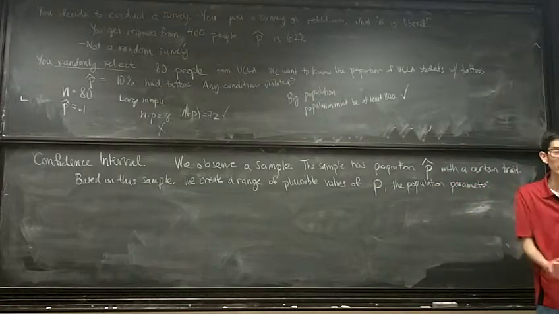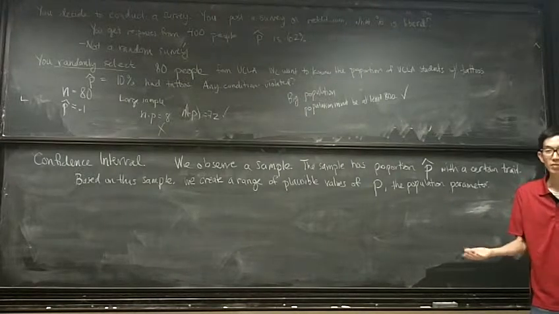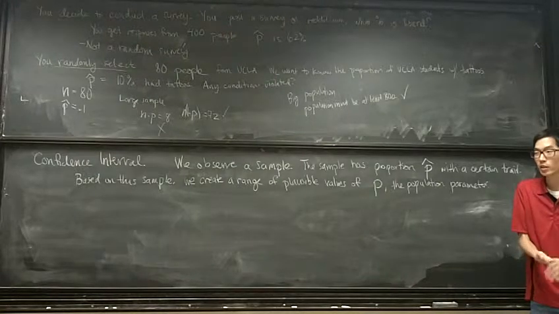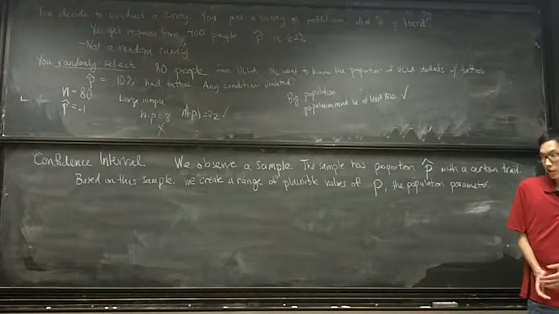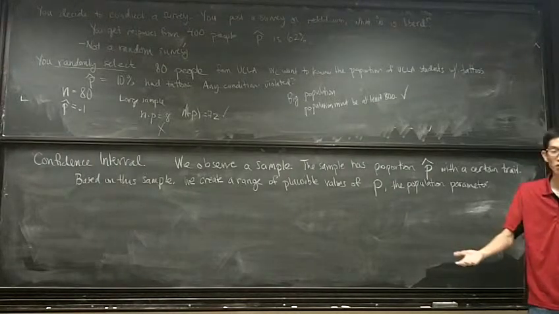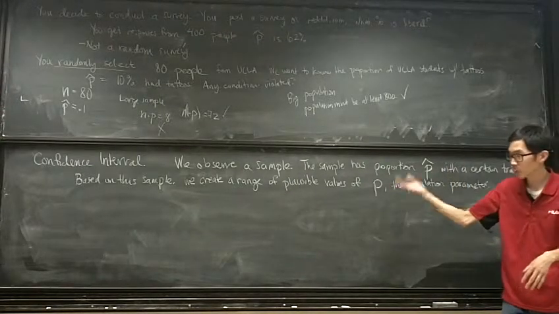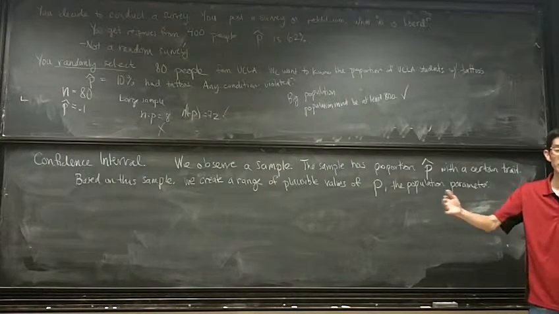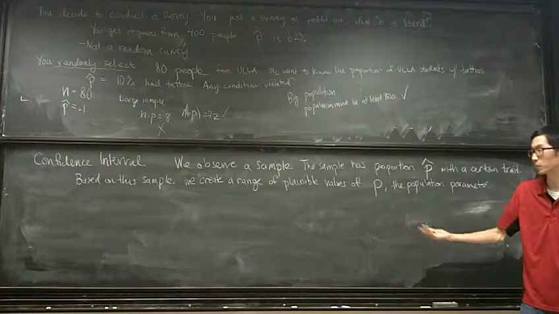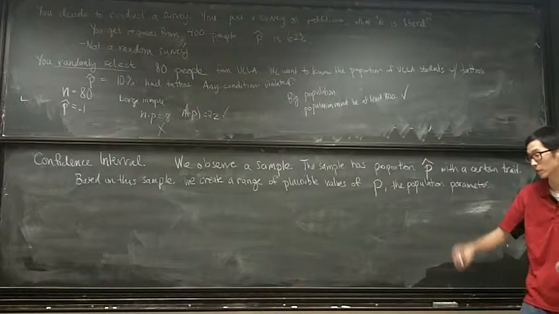Like if you flip a coin 100 times, it's possible to get 70% heads. Unlikely, but it's possible. In the same way, if the true proportion is 15%, it's still possible to get 22%. But what we're saying is that based on the sample of 22%, the plausible range is between 20 and 24%. But yes, it's still possible that the parameter, the proportion in the population, is something different.